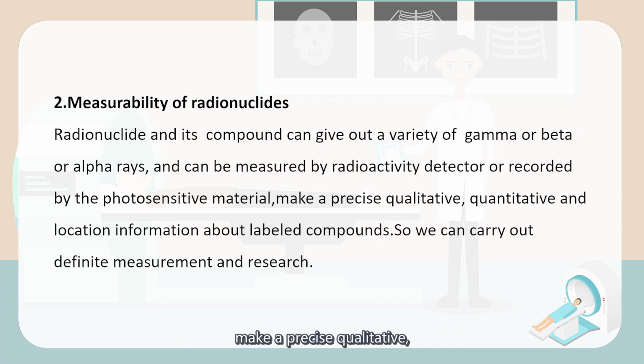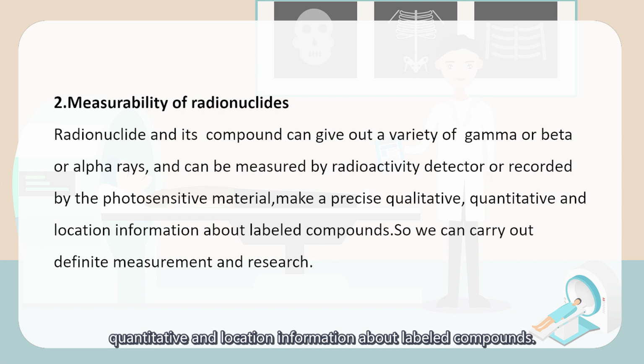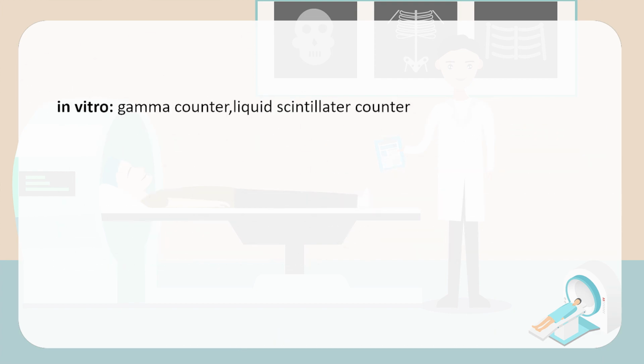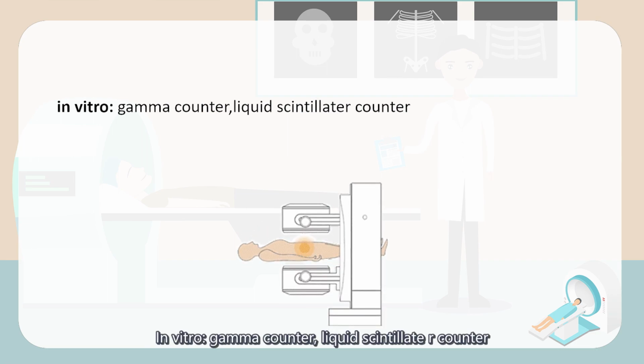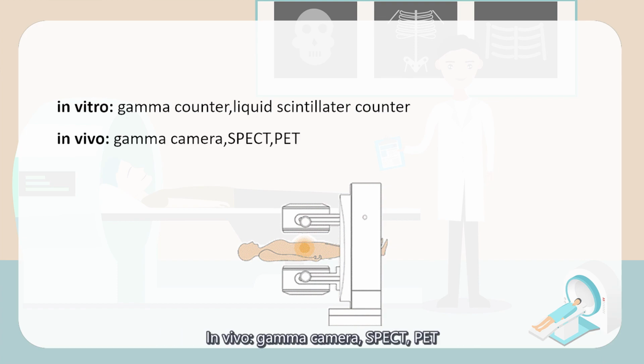They make precise qualitative, quantitative, and location information about labeled compounds, so we can carry out definite measurement and research. The measurement instruments include in vitro gamma counter, liquid scintillator counter. In vivo, we have the gamma camera, SPECT, and PET.